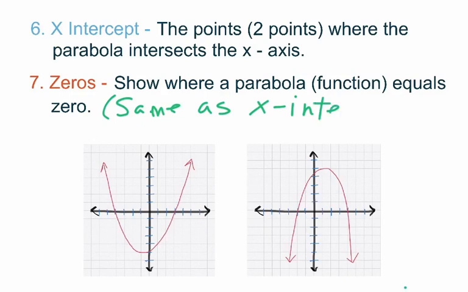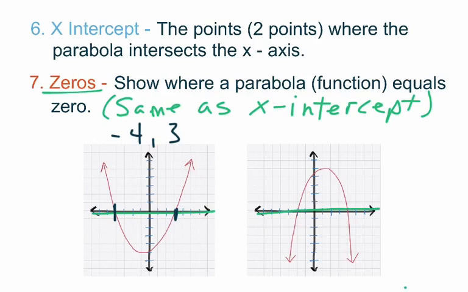I'm saying this because it is sometimes asked in a different way, and the question might be to find the zeros of the parabola, and we would just be doing the same thing. We'll find where the zeros are here, right over here at negative 4 and 3. And in the same spot as the last example, going across at negative 2 and 4. Right over there. So finding the zeros is the same thing as finding the x-intercept when you're identifying that on a parabola.